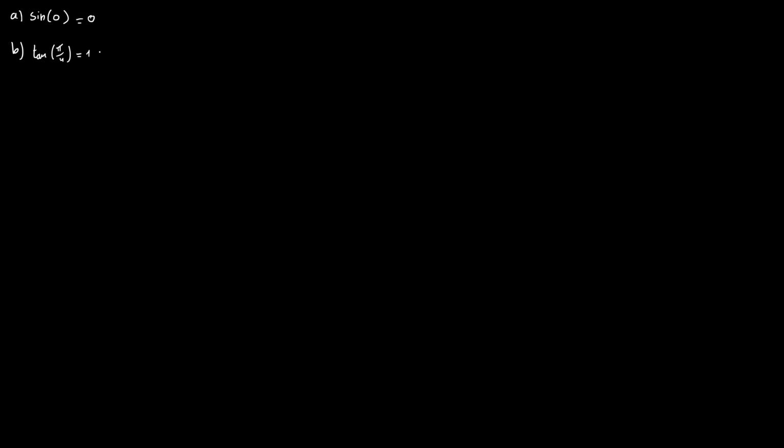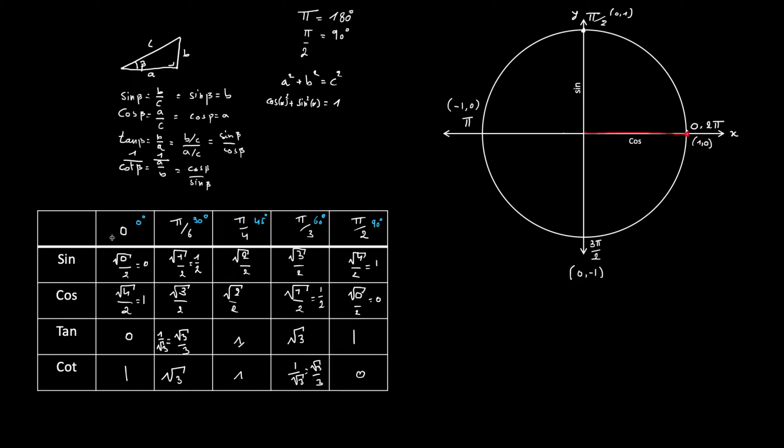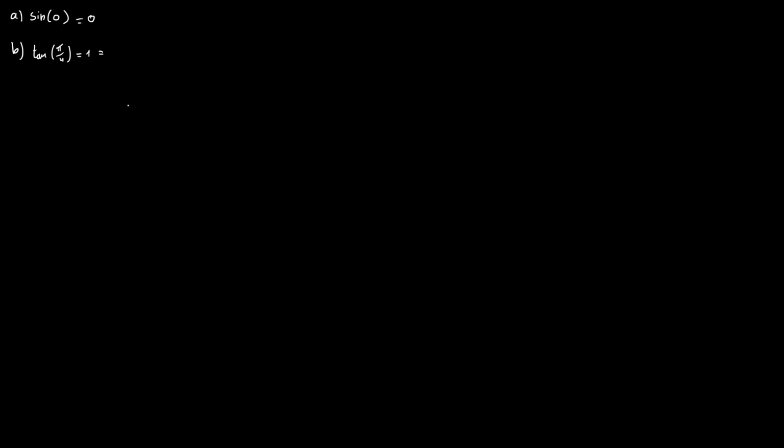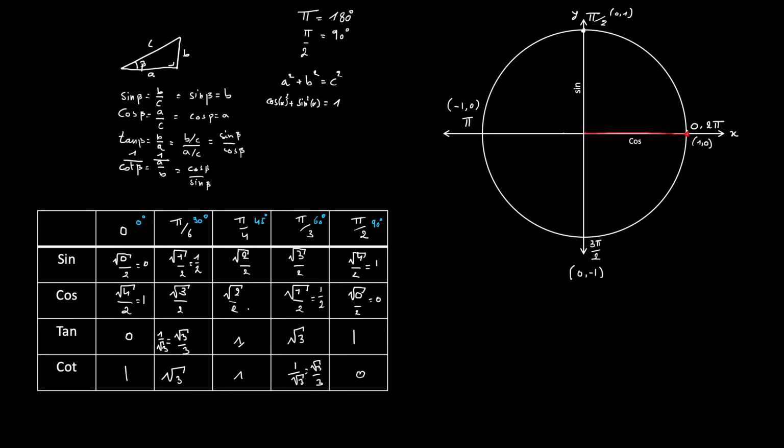Meaning that you could just rewrite it if you say, oh, I really don't remember what was up with these tangents. The only thing you have to remember is that tangent is sine over cosine. So sine pi over 4 and cosine pi over 4. And in that case, if you only remember the first two lines, you could say, oh, those are both square root of 2 over 2.